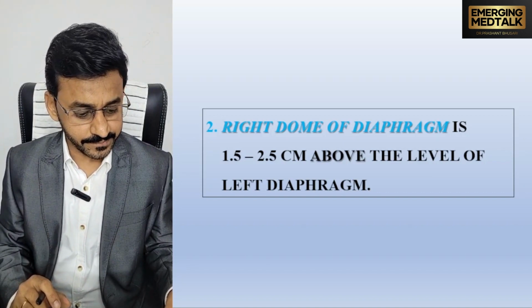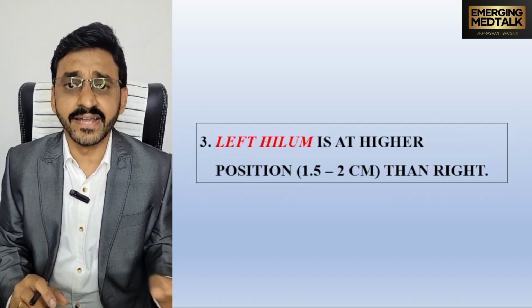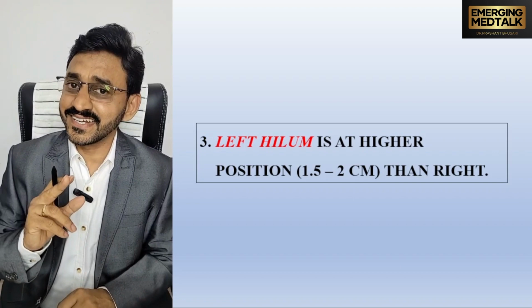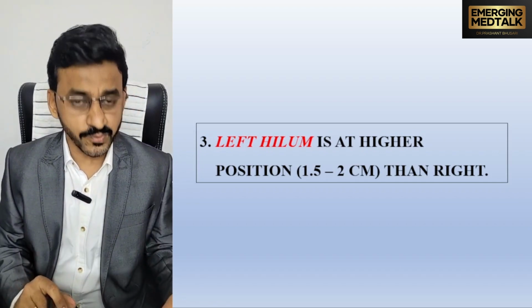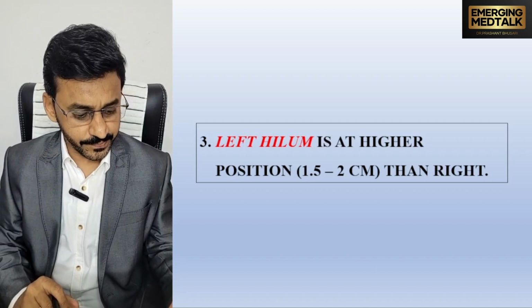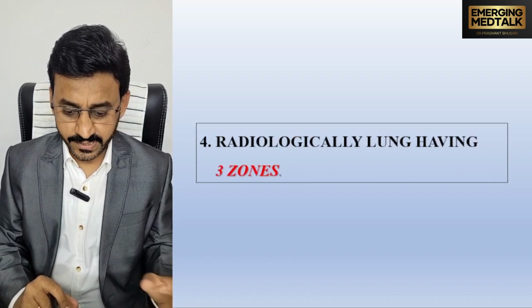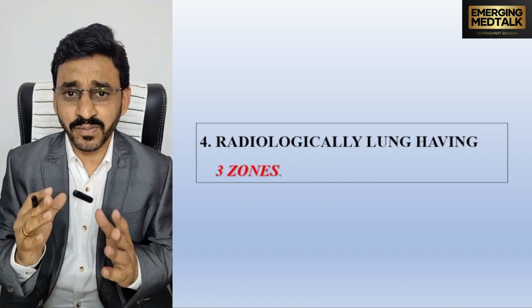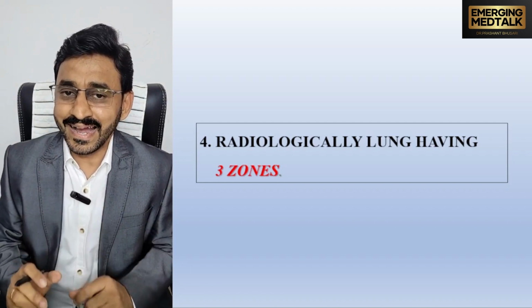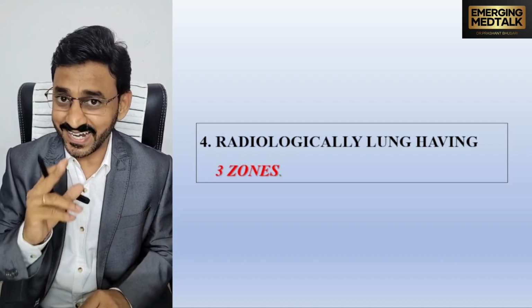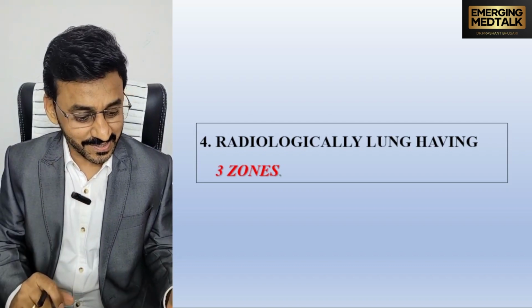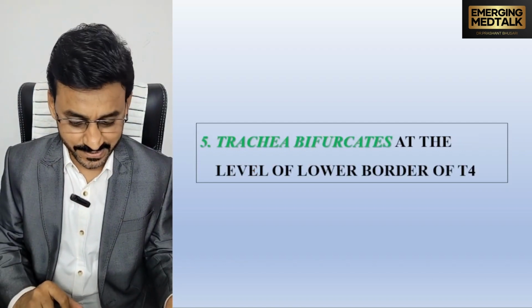The left hilum is always at a higher level, around 1.5 to 2 centimeters, than the right hilum. Radiologically the lung has three zones, upper, middle and lower, which is different from the anatomical division. Also, bronchovascular markings are normally present.